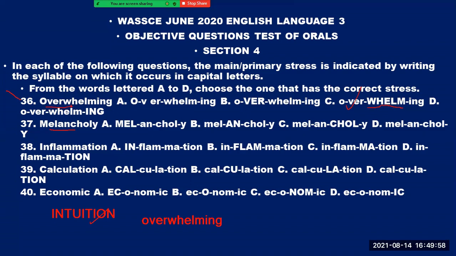Here we just pronounce this, melancholy. We can almost immediately decide where stress must be placed, and so when we check the options, we eliminate the ones that do not tally with our intuition.